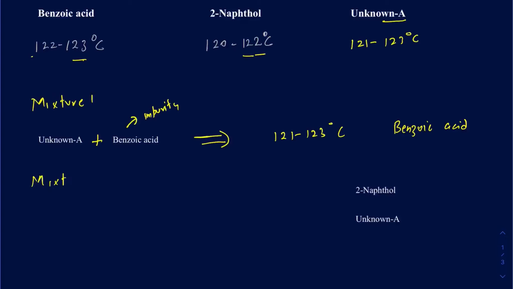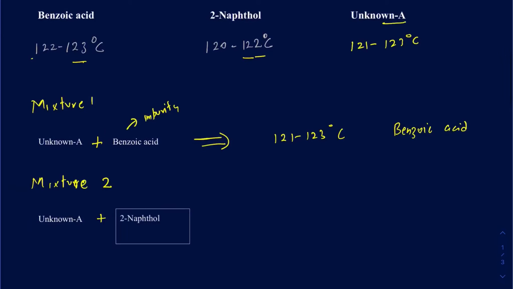Now to make sure it isn't benzoic acid, you want to run a similar experiment where you make mixture 2, in which you have unknown A and add a little bit of 2-naphthol. Again, the naphthol needs to be an impurity, so make sure you add just a tiny amount.